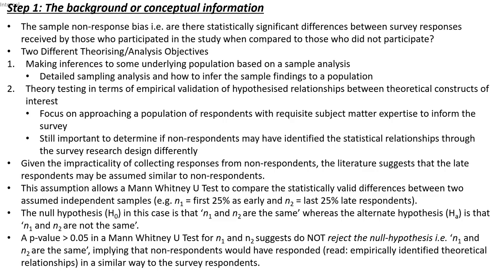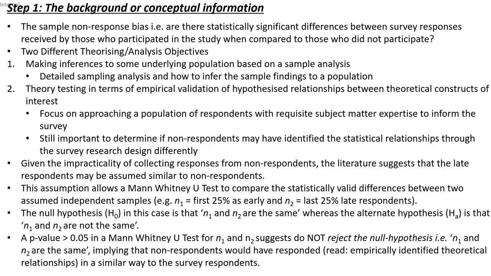Then there's another set of studies, mainly in the business school, by management and organizational scholars. What they do is test theory. They theorize a relationship: given this theory, X would contribute to Y through this pathway. To test those theorized relationships, they need to go to the people who have expertise in those theoretical concepts.